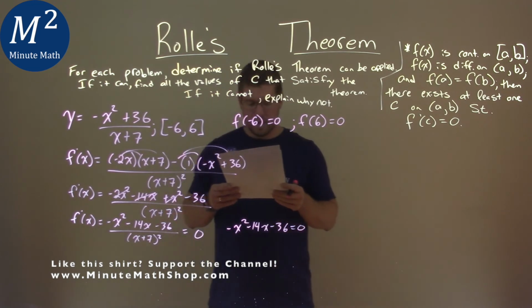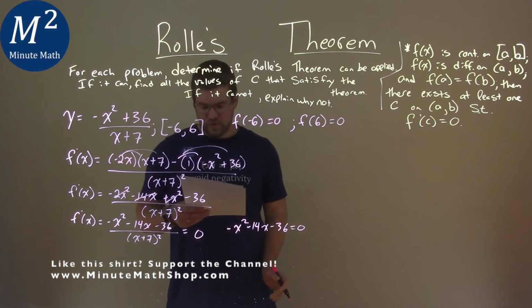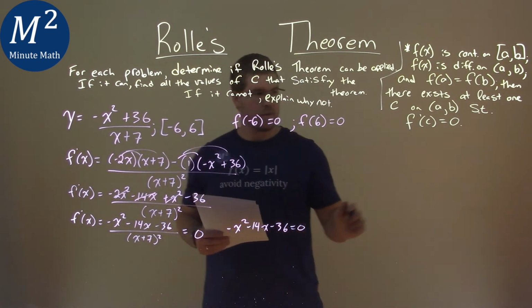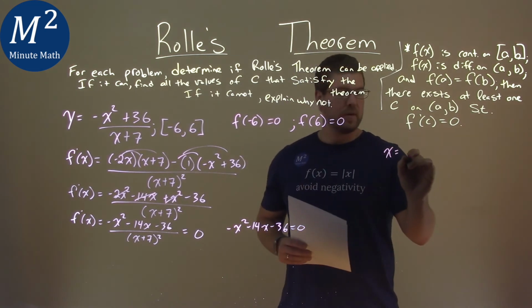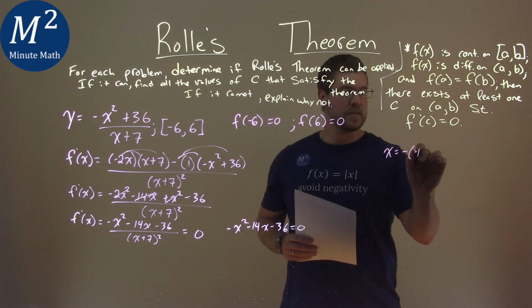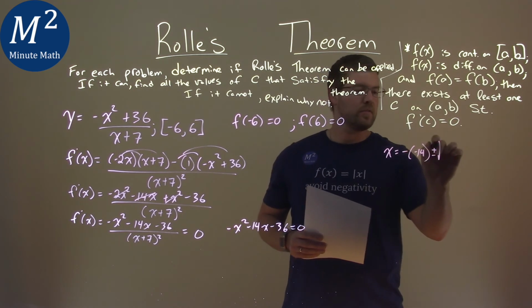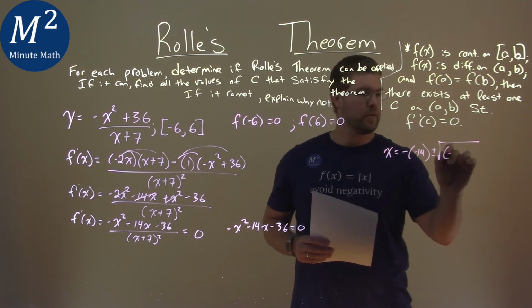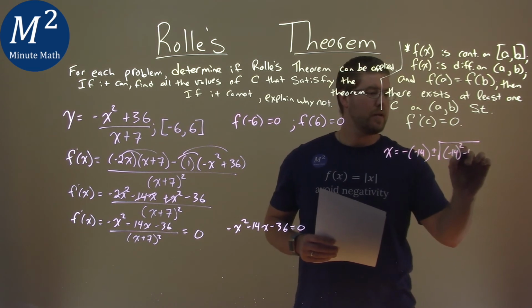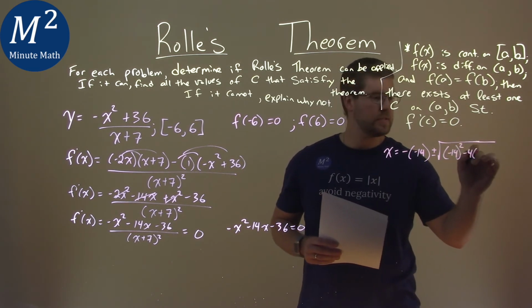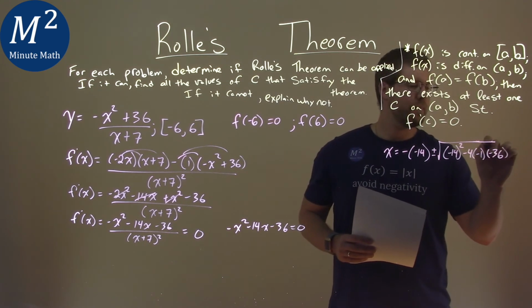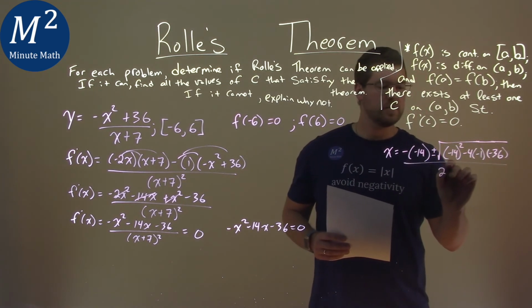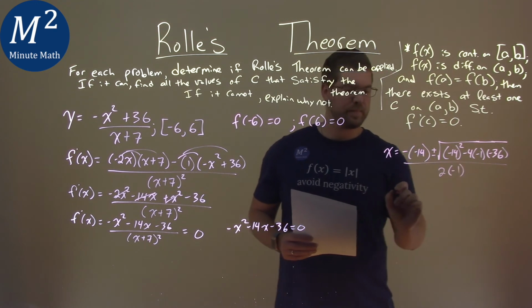So with that, now let's use our quadratic formula. We have x equals negative b, so negative, our b value is -14 here, plus or minus the square root of -14 squared minus 4 times a, which is -1, times c, which is -36, all over 2 times a, which is -1.